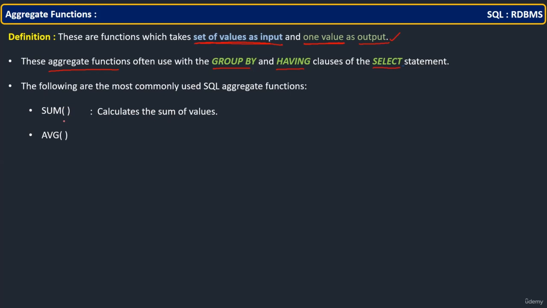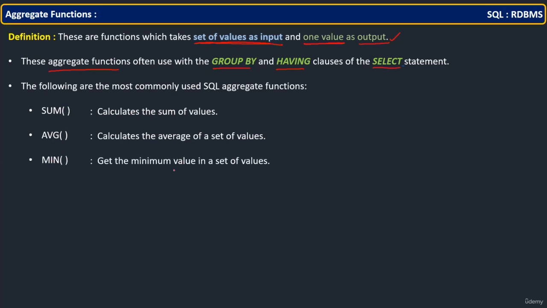And average, you can guess what it does: it calculates the average of a set of values. Whatever set we give, it does something upon that set. Here sum, here average, and then min. Min finds the minimum value from this set. In the same way max gets the maximum value out of all these values.